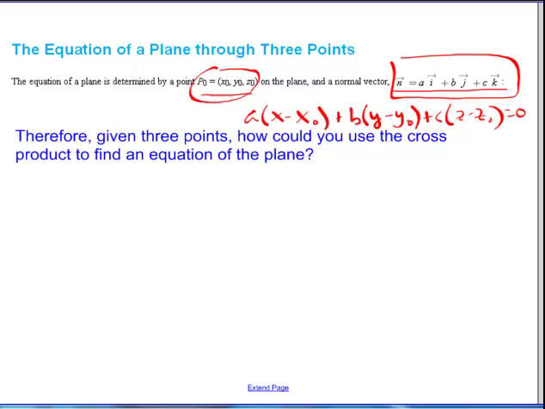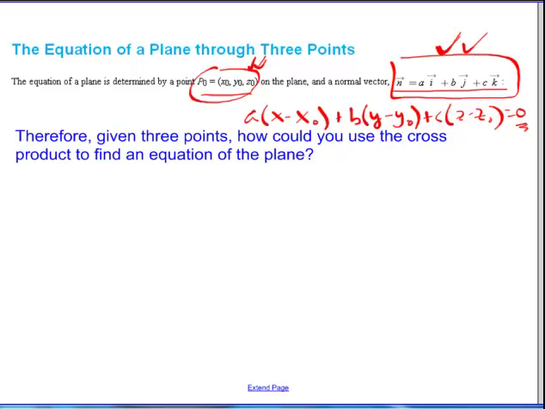That idea came from the fact that if we had a vector on the plane and a normal vector and we dotted them, they would be 0 since they're perpendicular. But now we want to incorporate what we've just learned about the cross product and the fact that it can give us that normal vector.